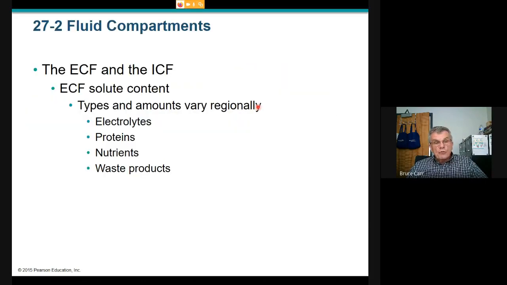The extracellular fluid contains all of the components that vary regionally depending on the function of the organ or organ system. So we don't find the same content of these subunits in all tissues.